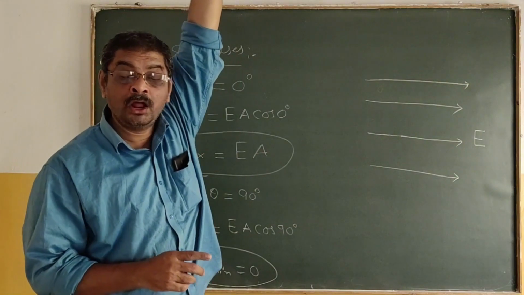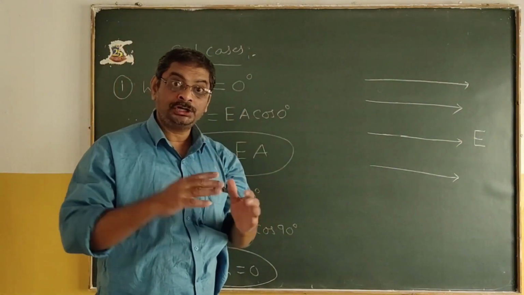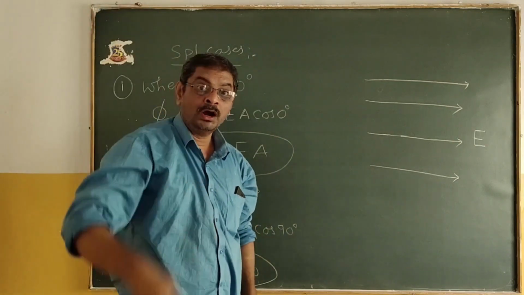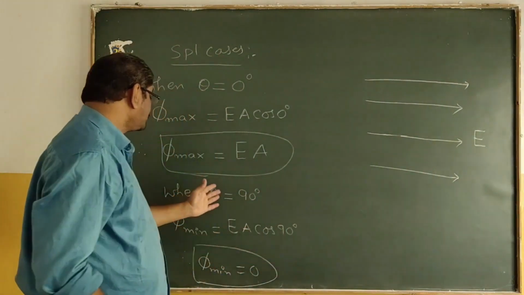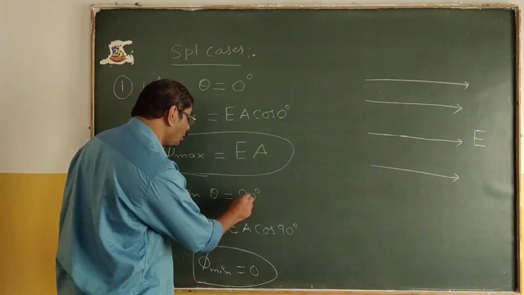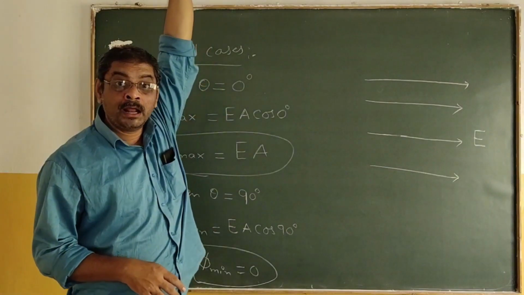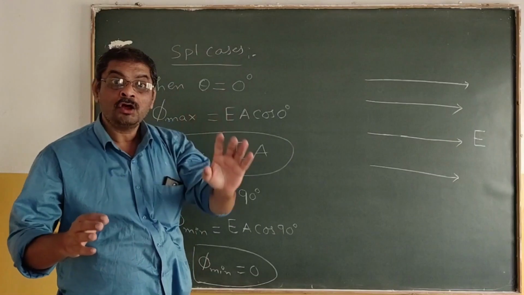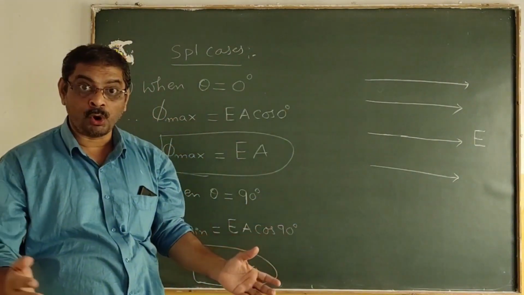So once again, remember, whenever theta is numerically equal to 90 degree, cos 90 degree will always be equal to 0.